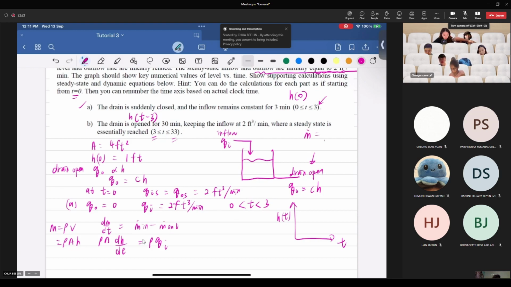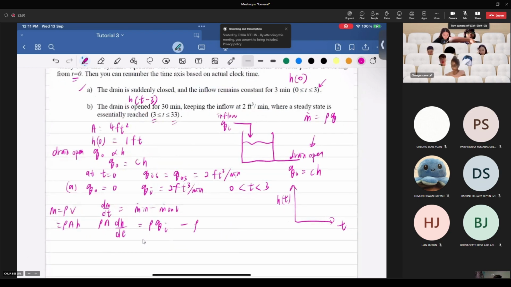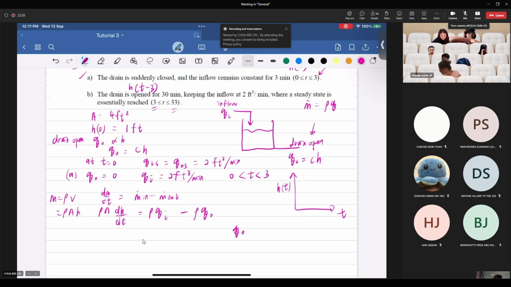Then you only have one in and one out, rho Qi and rho Q0, where your Q0 is CH. So in this case, for the A, they say the drain is suddenly closed. It means you're having your Q0 equals to 0.